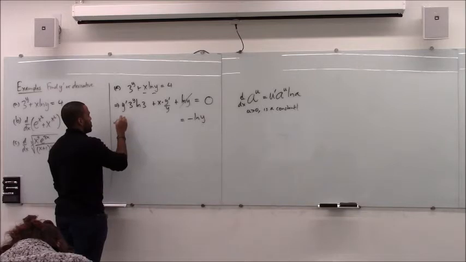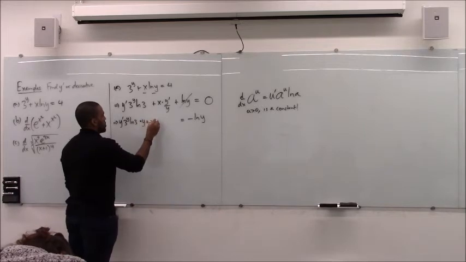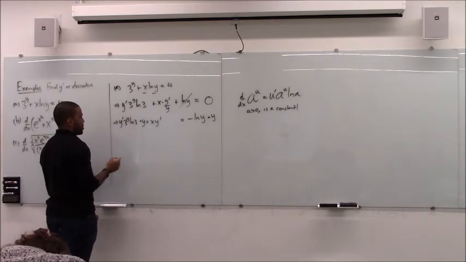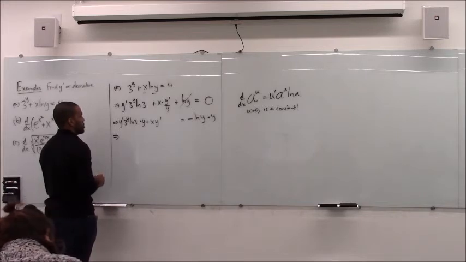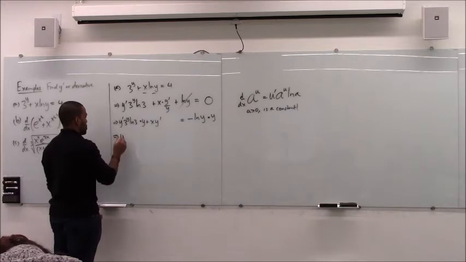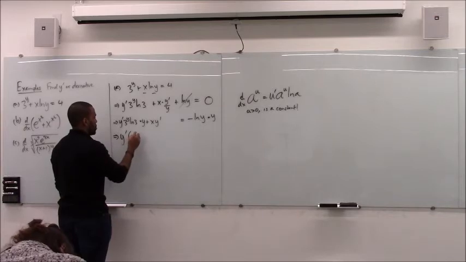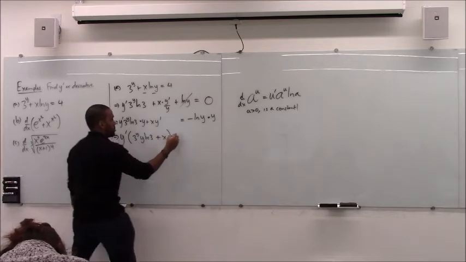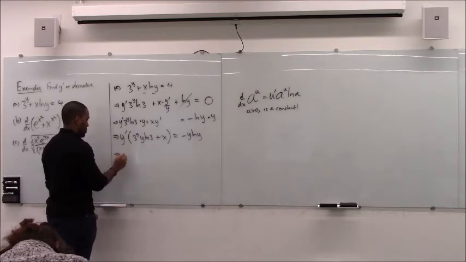So now, factor out a y prime from the left side. So it's 3 to the y ln of 3 times y plus x equals. And then you divide by what's in the parentheses.